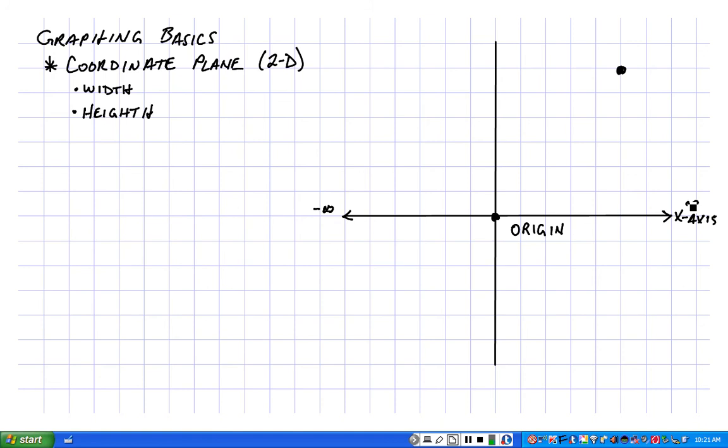So you have the x-axis being the horizontal axis, and you have your y-axis being your vertical axis. And like the x-axis, it goes on forever with positive infinity here and going down towards negative infinity.